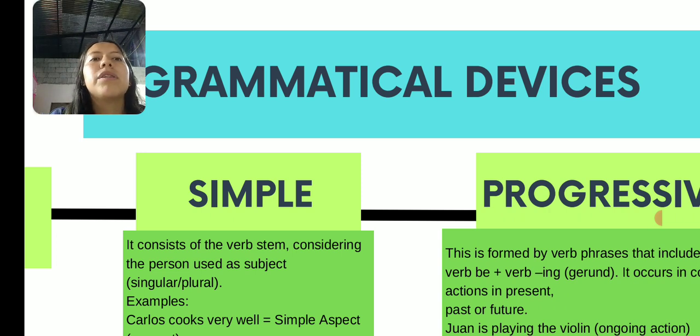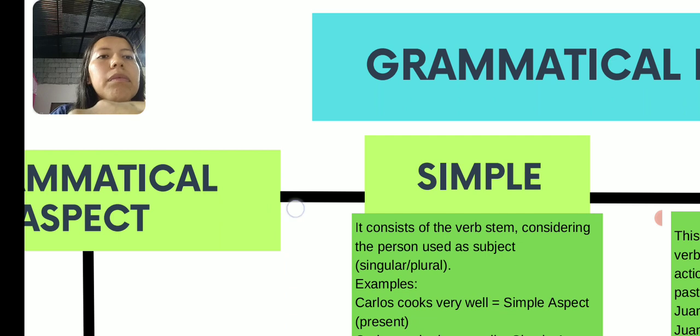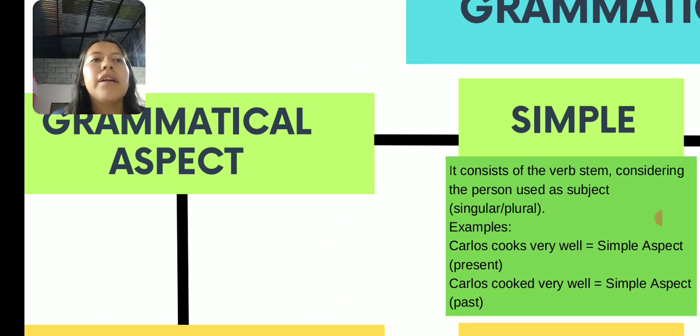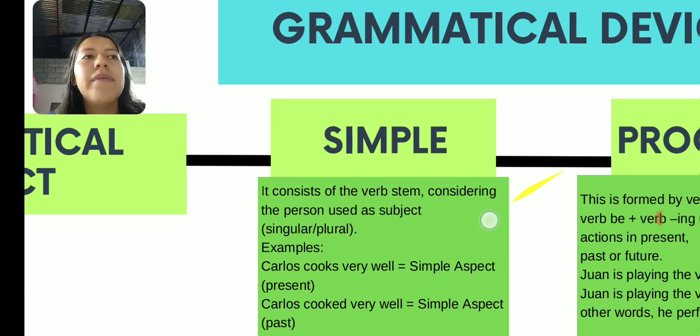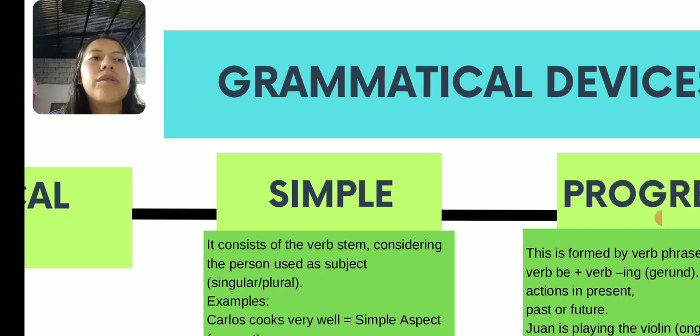These grammatical devices help us to understand how the English language works. Because if we don't understand how the language works in different contexts, we can't share our ideas in a proper way.